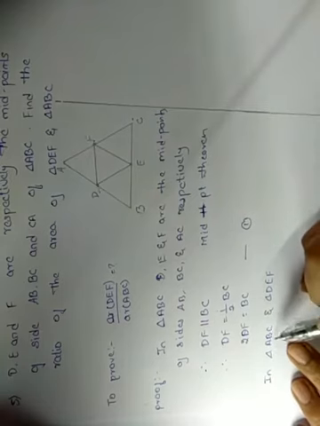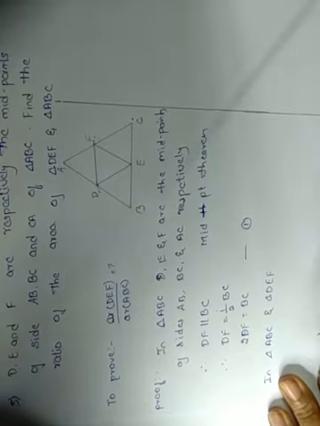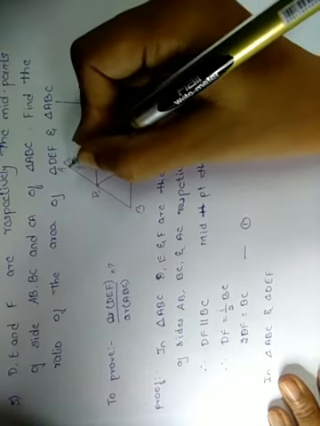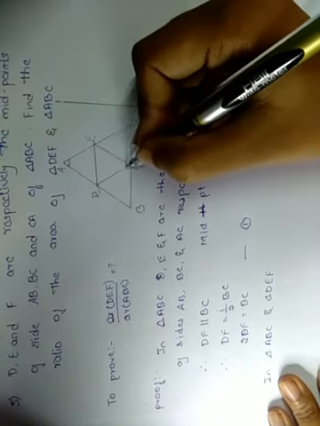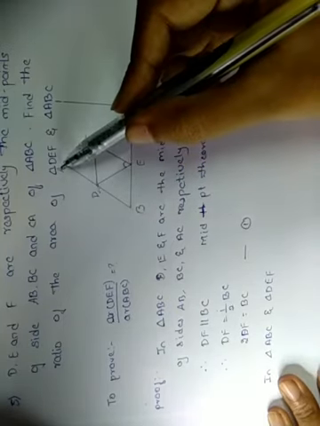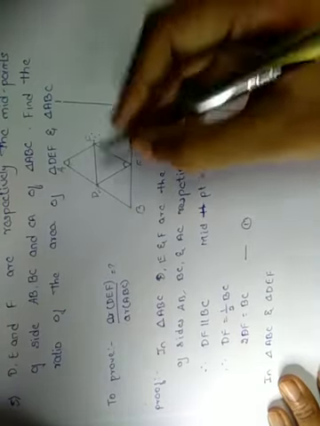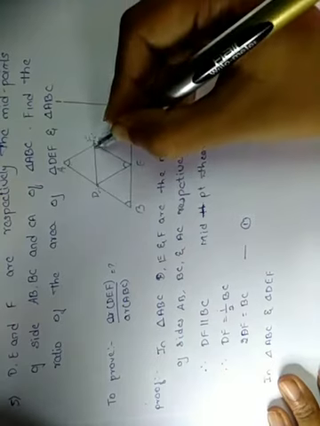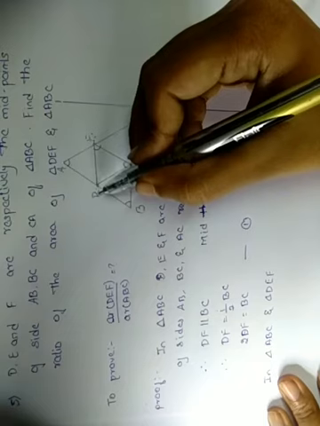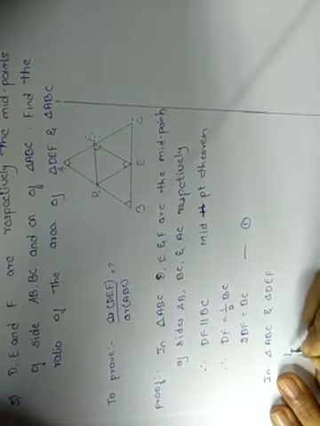To show that, I will take angle A is equal to angle E, because opposite angles of the parallelogram ADEF. Similarly, I am going to take one more pair, that is angle B is equal to angle F, again opposite angles of the parallelogram DBEF, right?